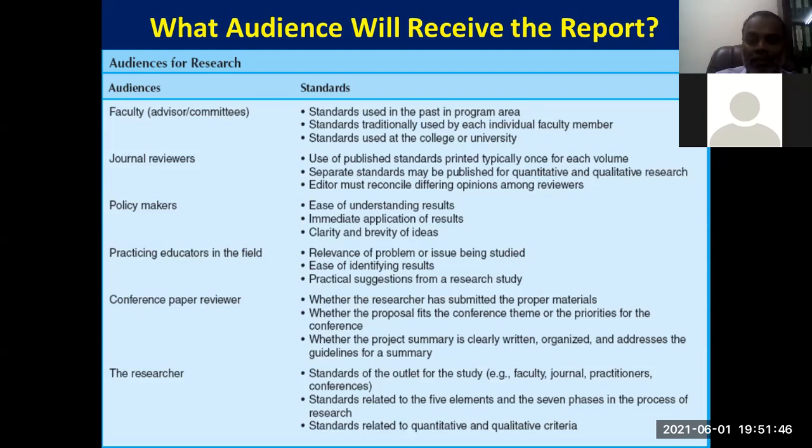Then clarity and brevity of ideas, you need to stand with your ideas.